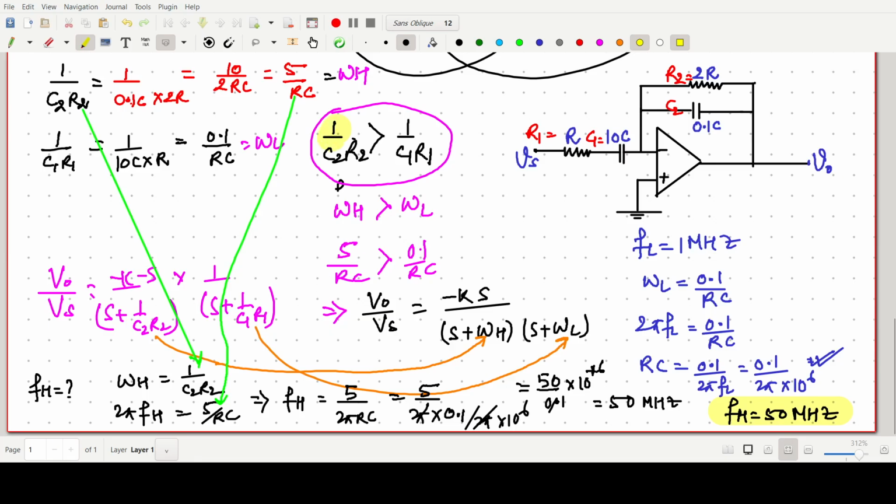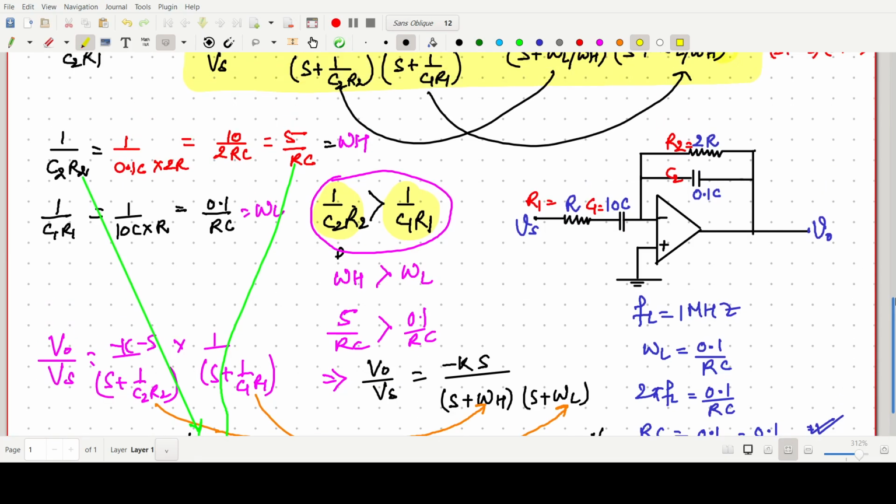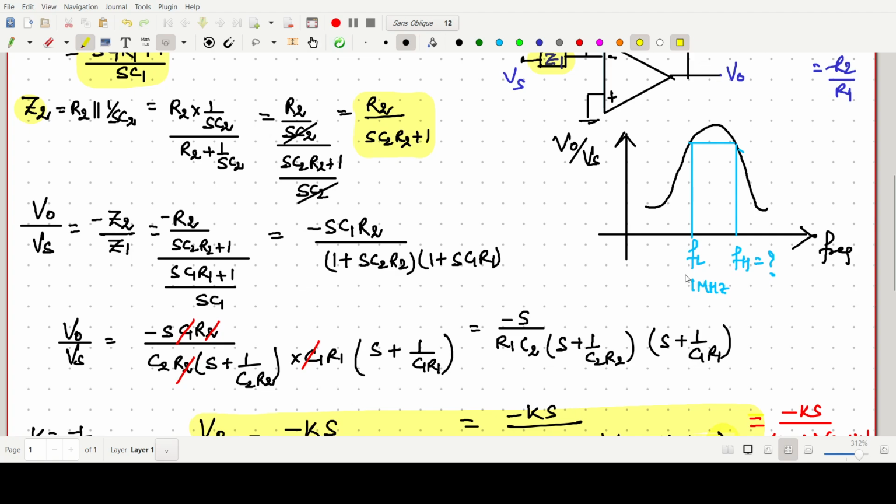But first we have to identify which one is omega H. It is already clear from the diagram that FL is 1 mega. So the value of FH will be 50 megahertz, and this one is nothing but simply 1 by 2 pi R2 C2, and this one is 1 by 2 pi R1 C1.